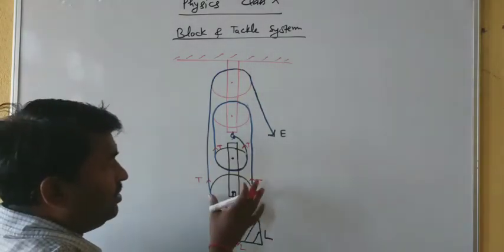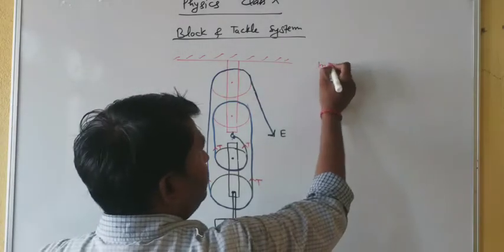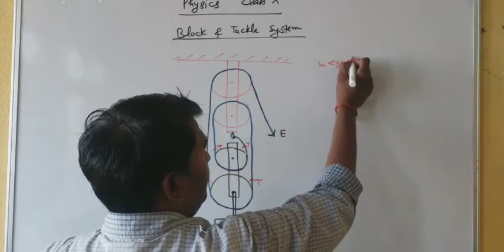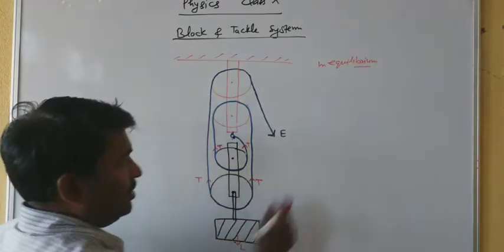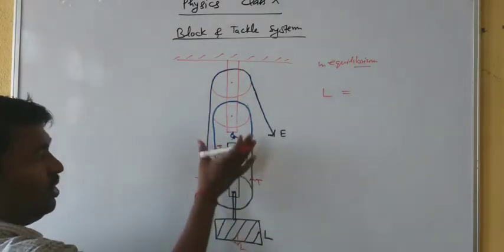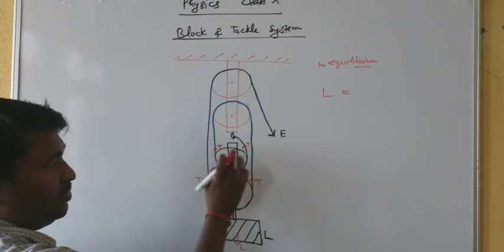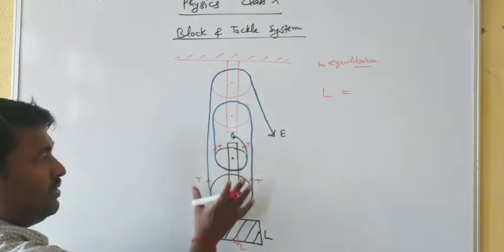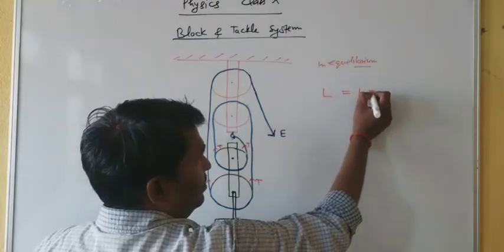In equilibrium, the load acting vertically downward is equal to the total upward force, that is one tension, another tension, here one tension, here one tension. All tensions are acting vertically upward, that's why there are 4 tensions.